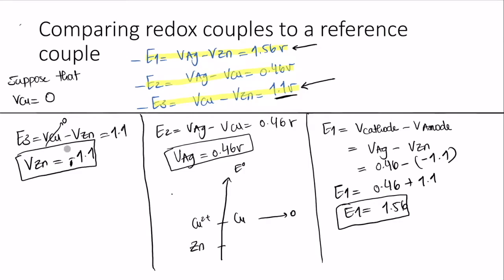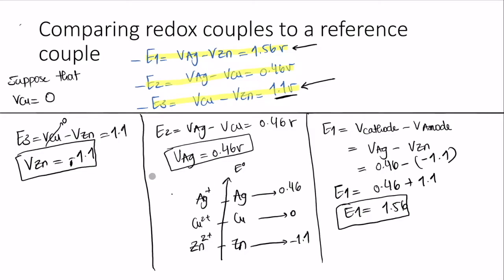You see the negative here. Okay, so it's below. It has a value of minus 1.1, and here we have the couple Ag+/Ag is above, and it has the value 0.46.